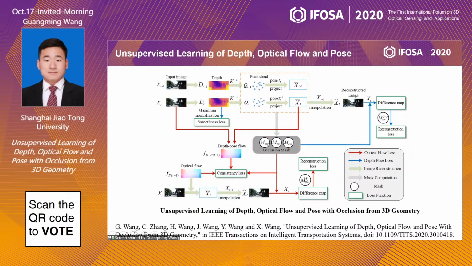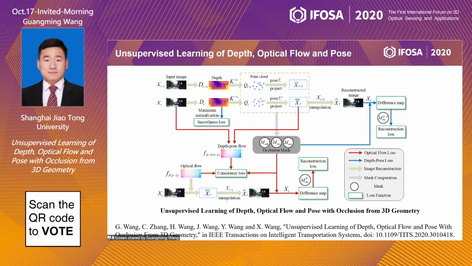But the last mask is to filter the pixels that have a large mismatch error. When these pixels have a large mismatch error, we filter them.